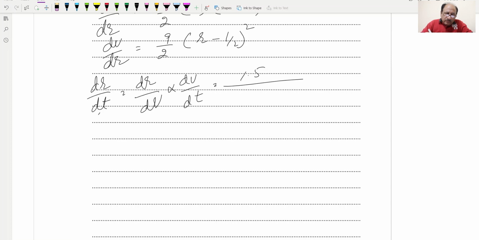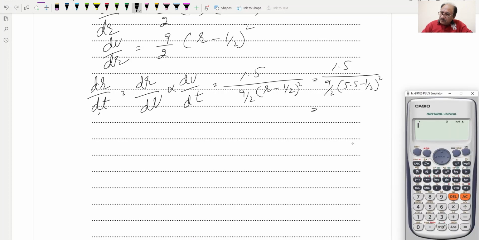Because we require dr over dv, and this value is dv over dr, we'll write it as a reciprocal. So it will be r minus 1 by 2 raised to 2. Now we can replace the r value 5.5, so 1.5 over 9 by 2 into 5.5 minus 1 by 2 squared, and we can use a calculator for this.